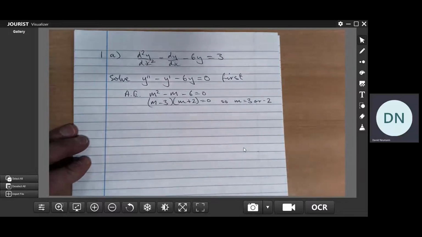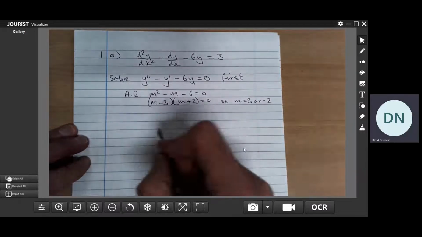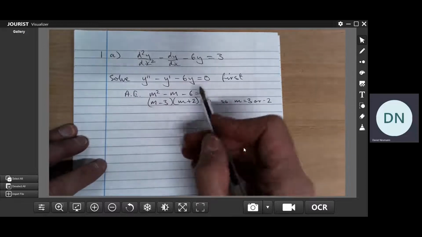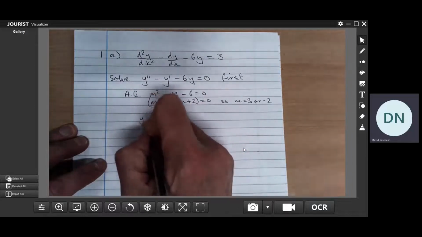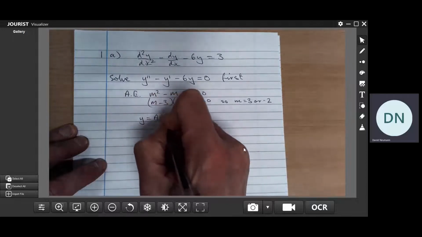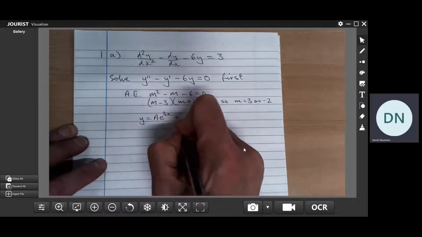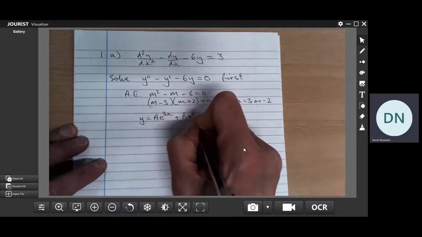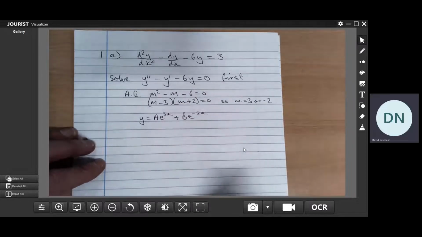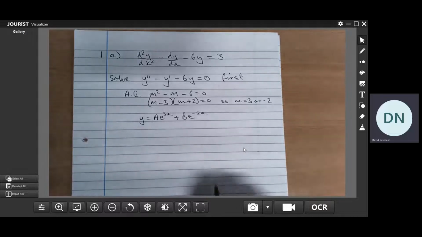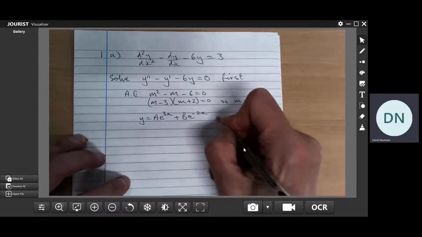And that means the general solution to my homogeneous equation is y equals A e to the 3x plus B e to the minus 2x. When we're solving non-homogeneous equations, this is called the complementary function.